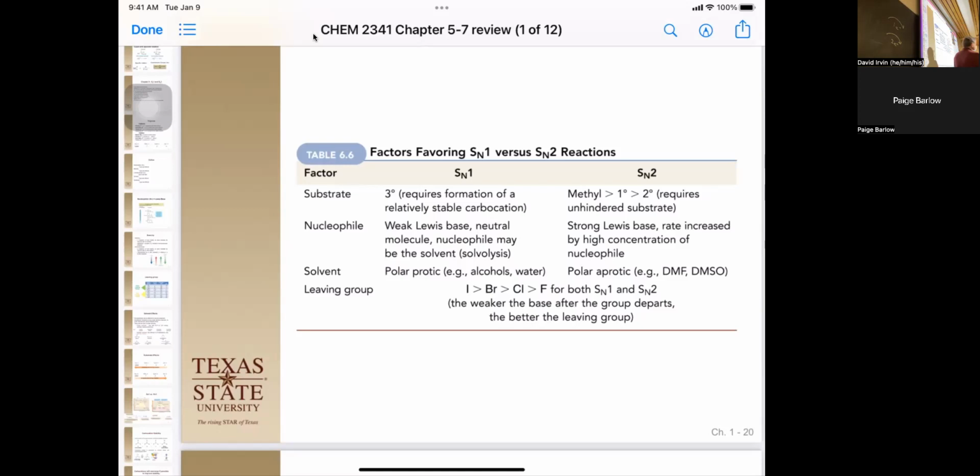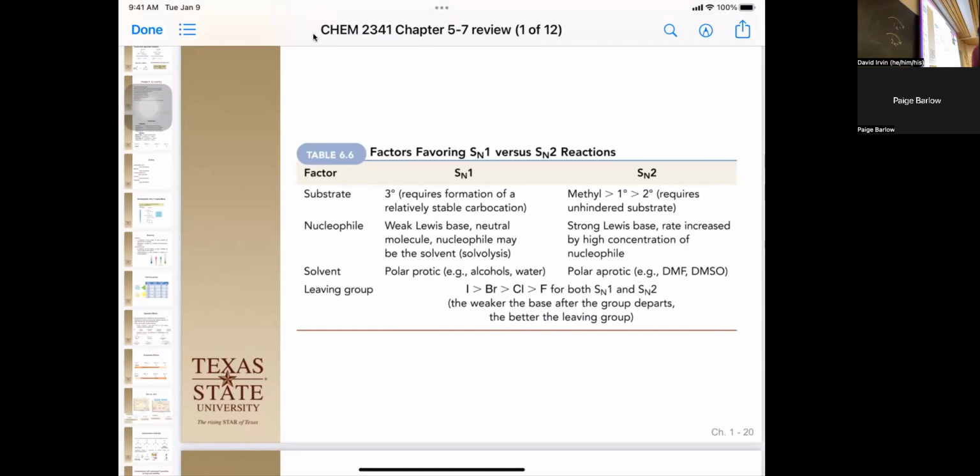Now, for an SN2 reaction, think smaller substrate. You want to have as little sterics as possible. A strong Lewis base. You can speed the reaction up by adding concentration because both components are important. Aprotic solvents are preferred to make sure the charge is not supported, so it makes it more nucleophilic.